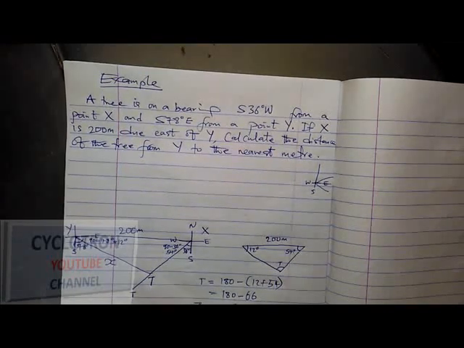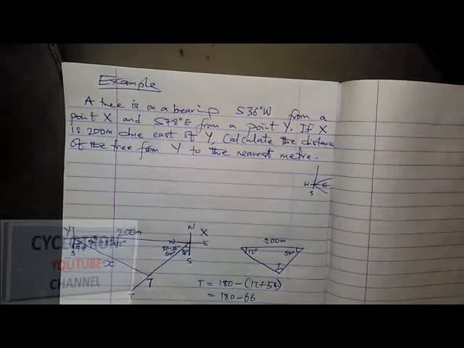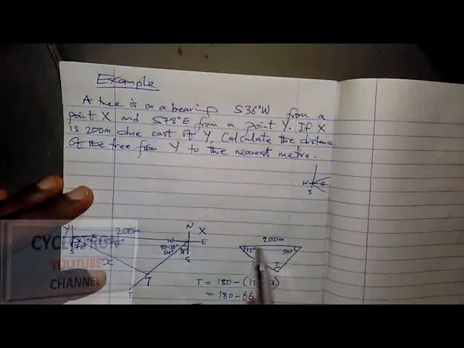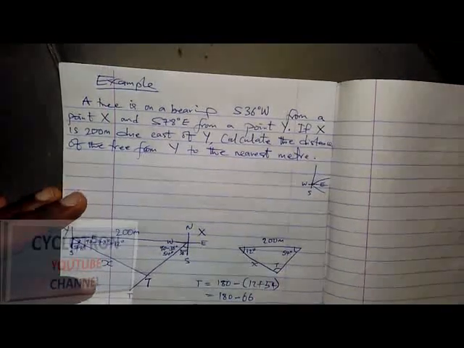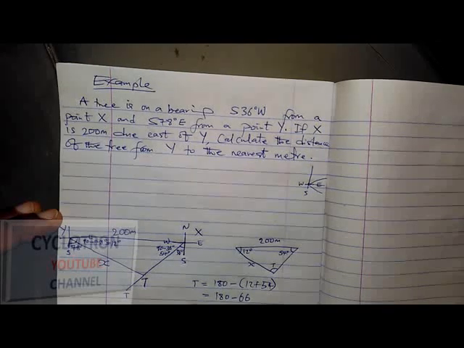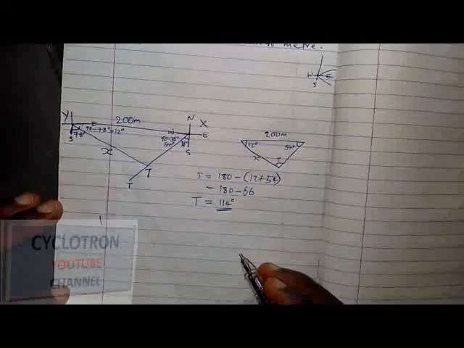So angle T is 114 degrees. Remember, we are looking for x. Now we know the three angles and only one side. We are going to use sine rule.